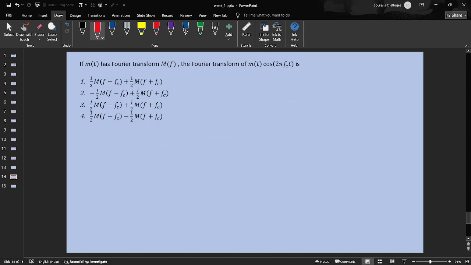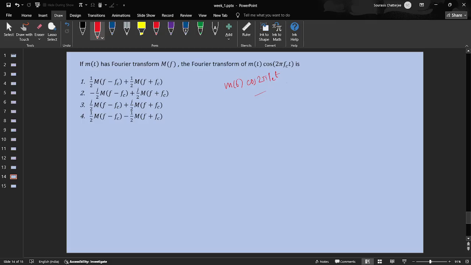Okay, so the last one is about m(t) being an aperiodic signal that has a Fourier transform M(f). So what is going to be the Fourier transform of m(t) multiplied with cos 2 pi fct? m(t) cos 2 pi fct.